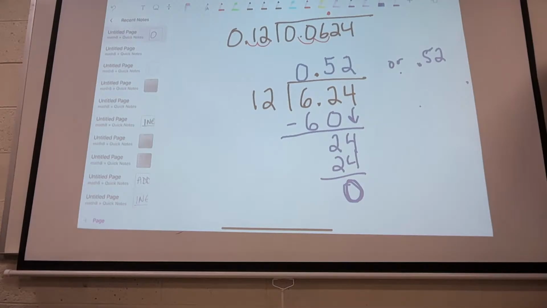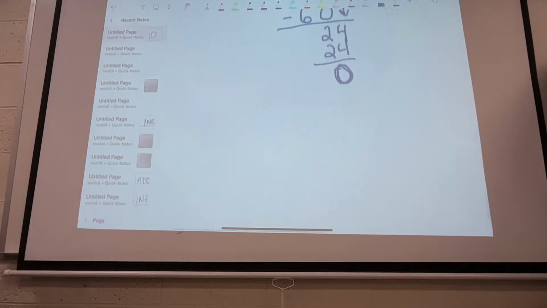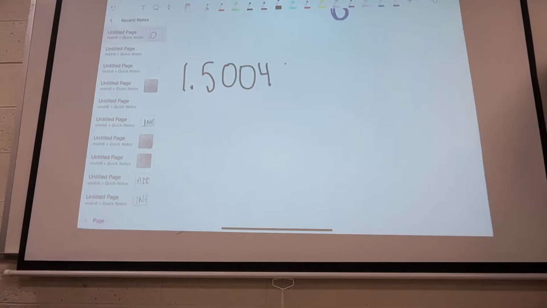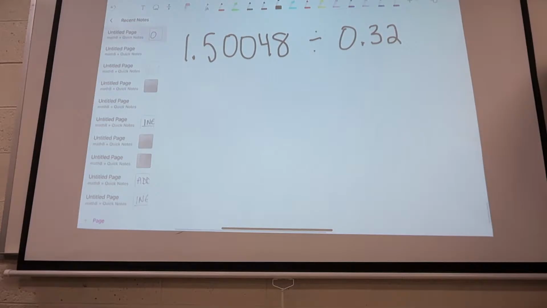Yep, the big one. Number 11. This one is a long one. So let's see what we got here. 1.5048 divided by 0.32. Okay, so the first thing I have to do is rewrite it.